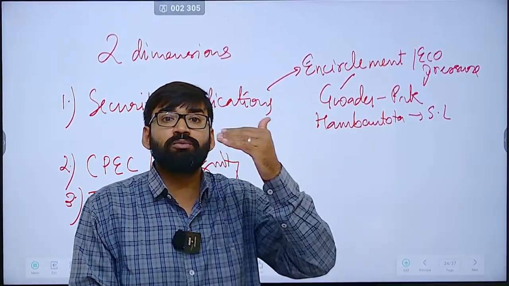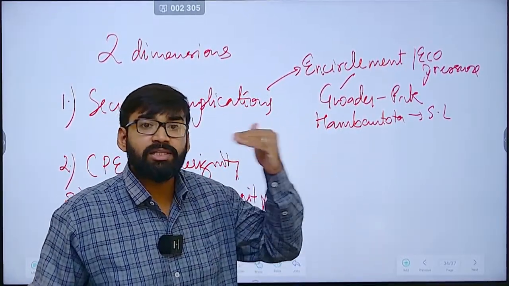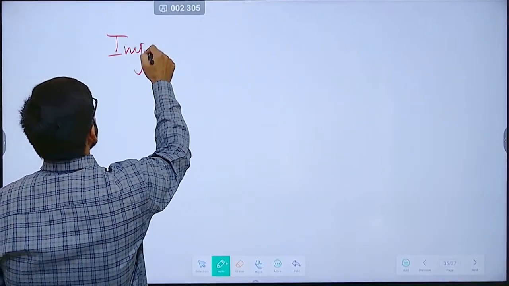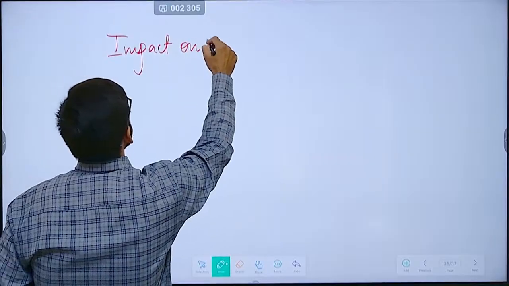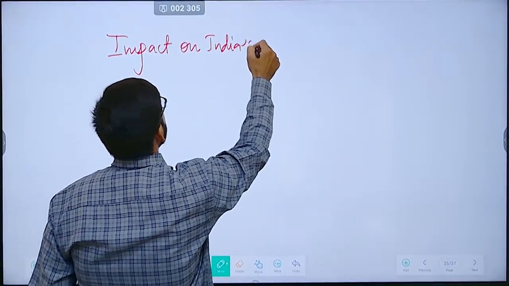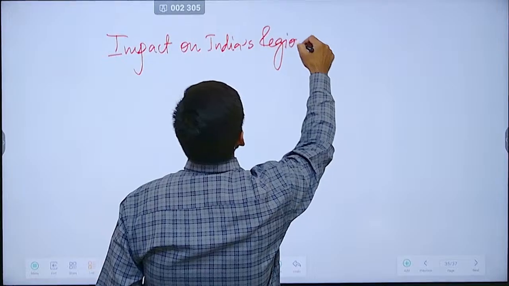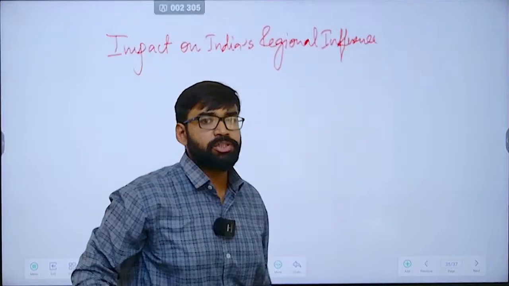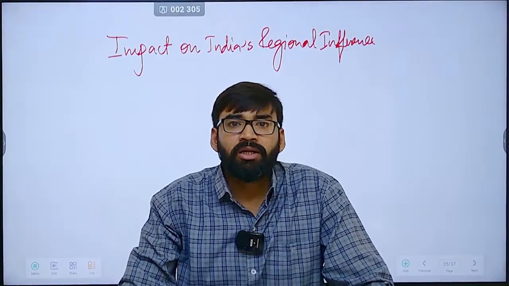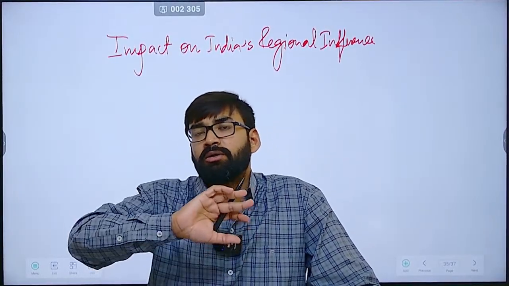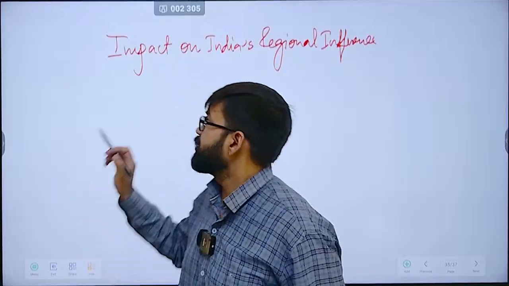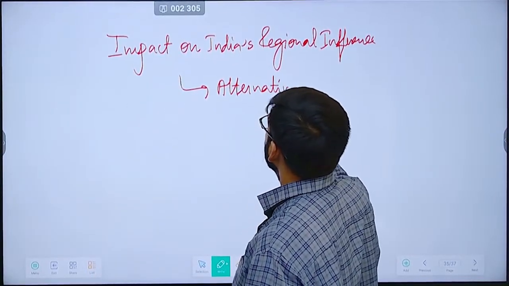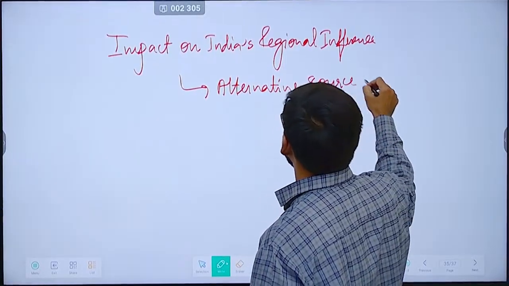Then you have to mention the impact on India's regional influence. Fine. For India's neighboring countries, China is a kind of alternative source of finance.